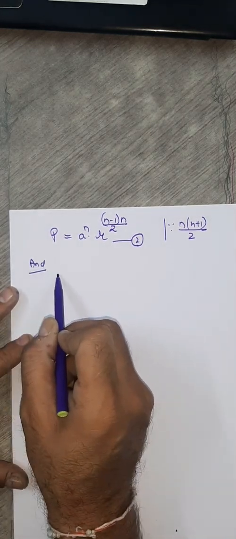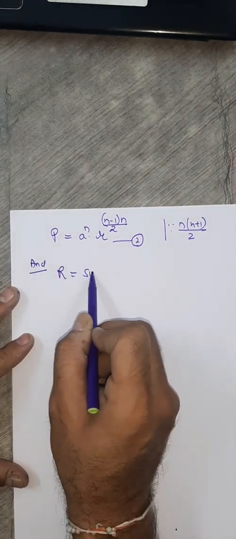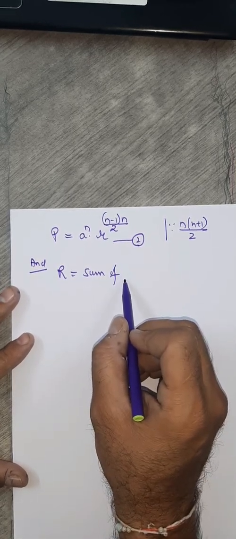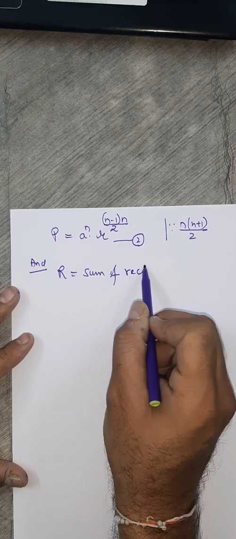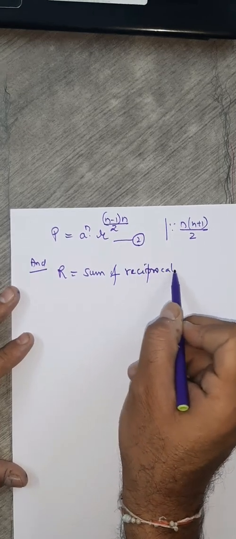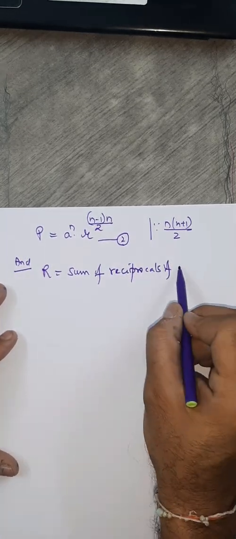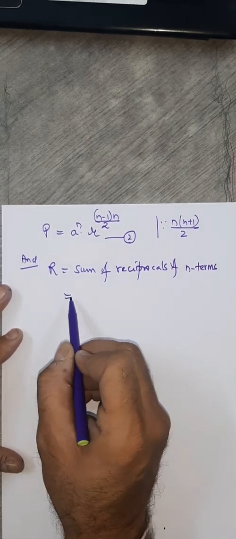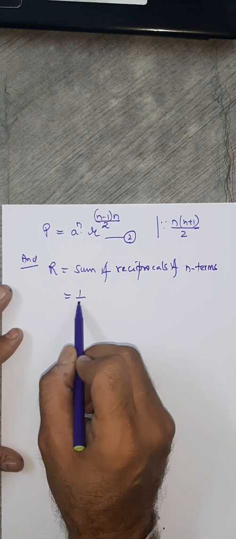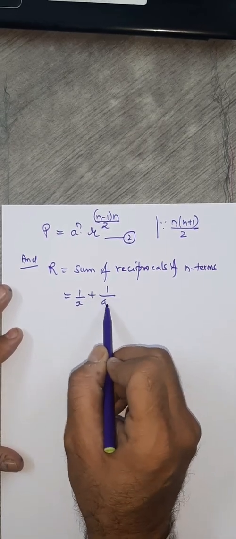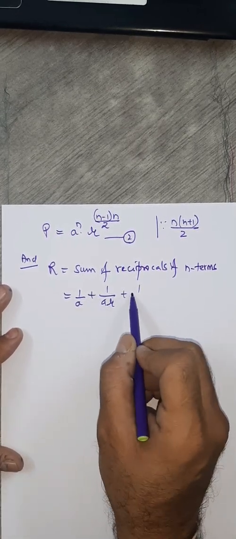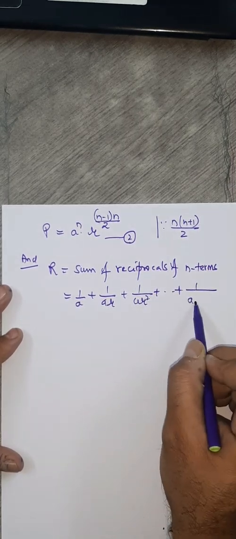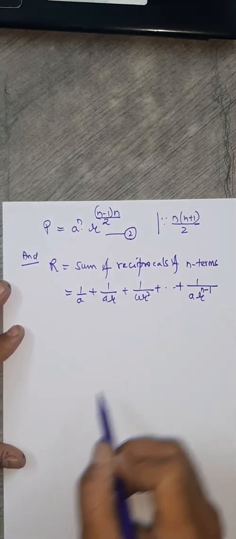Now, next one, that is R. What is that? It is the sum of reciprocals of n terms. Okay, so we take the reciprocals of individual terms and we add them. 1 upon a plus 1 upon ar plus 1 upon ar squared and so on up to 1 upon ar raised to n minus 1.